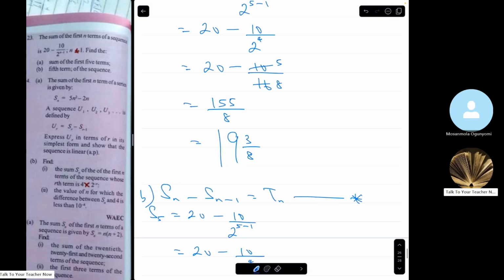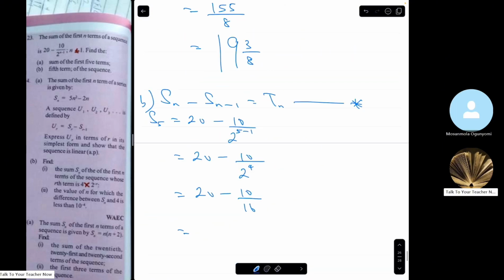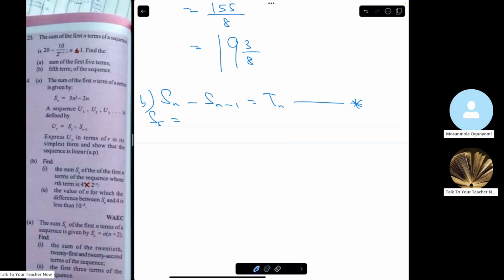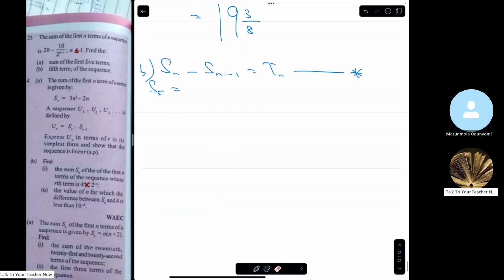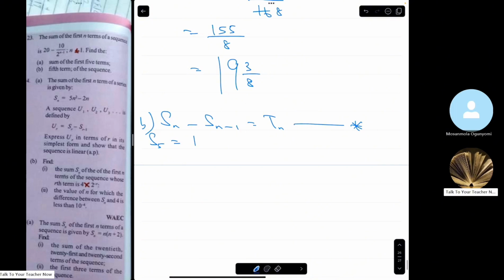Why are we even doing that again? I think it's normal because we have not had breakfast. What's S5? 155 over 8. That's why it's good to practice a lot. You know the smartest approach to every question.